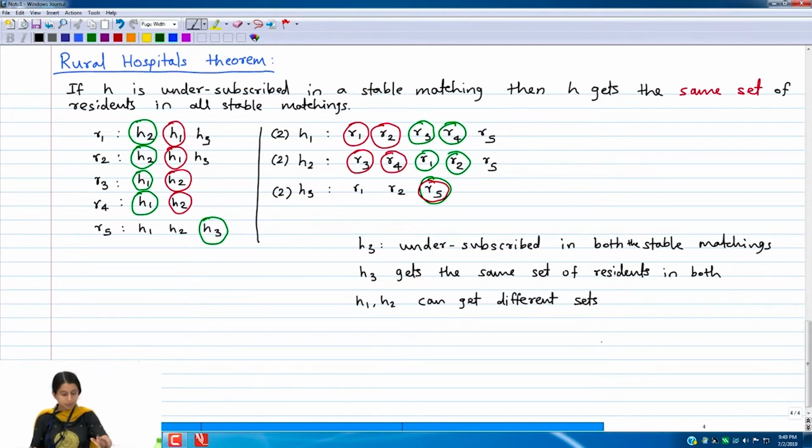So for undersubscribed hospitals, let's try to prove this.